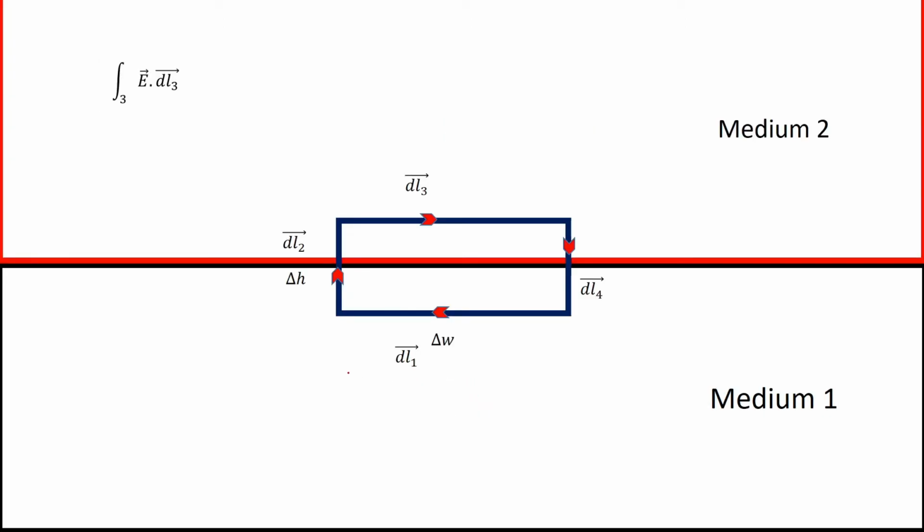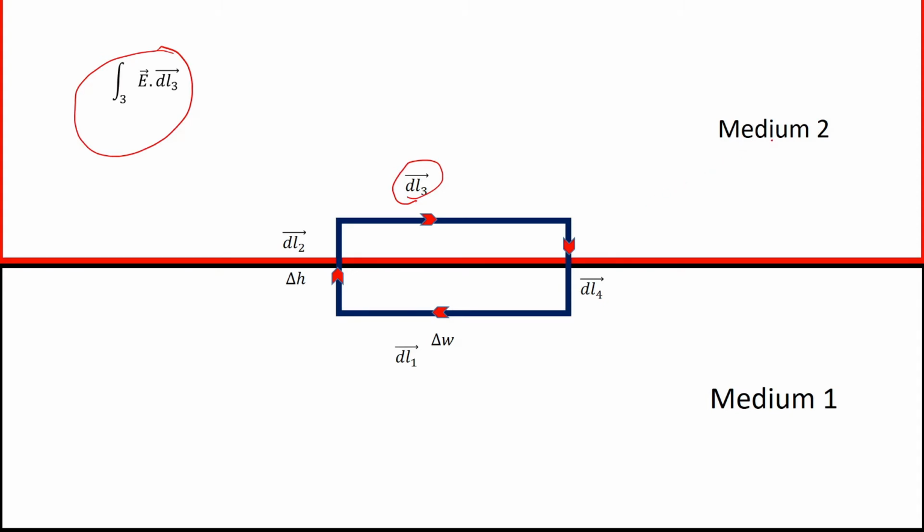So to determine the third path integral, integral of E bar dot dl3 bar, I should know the electric field along the path dl3 bar. And I can see that dl3 bar is completely inside medium 2.